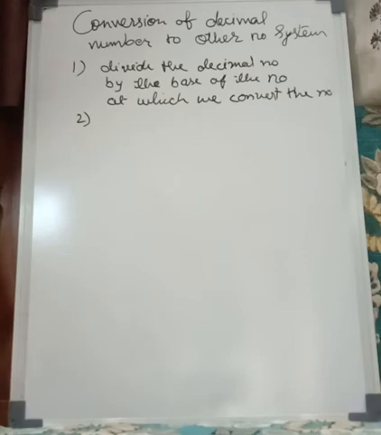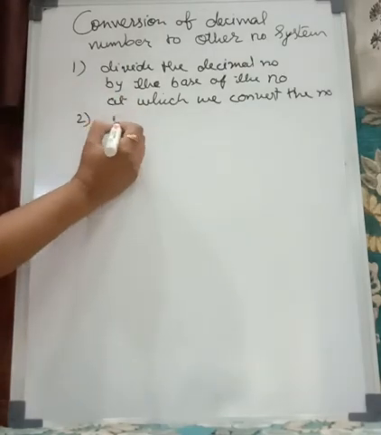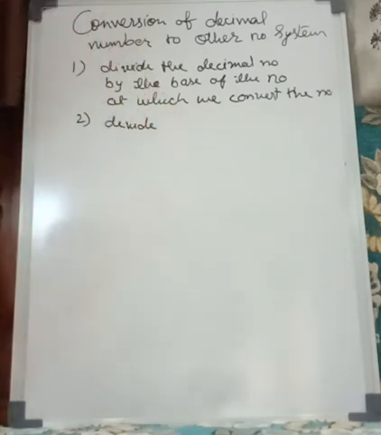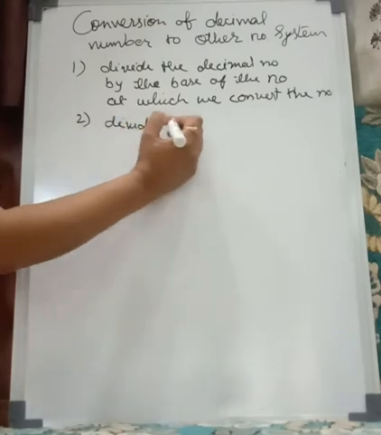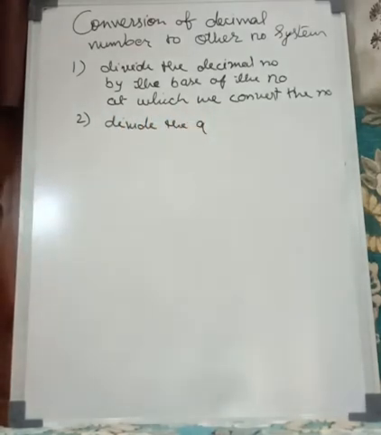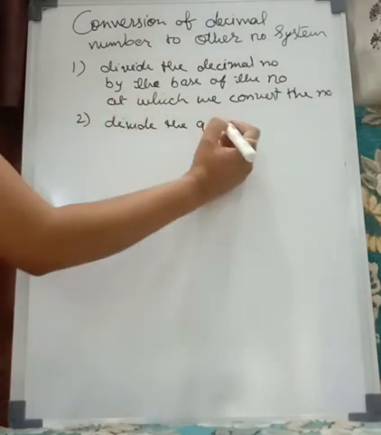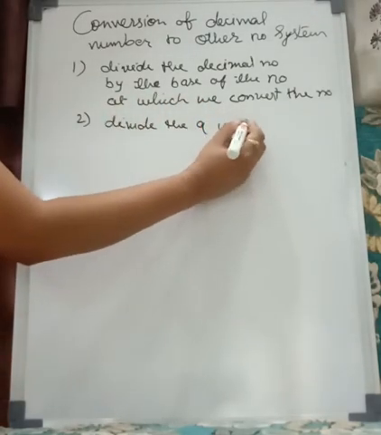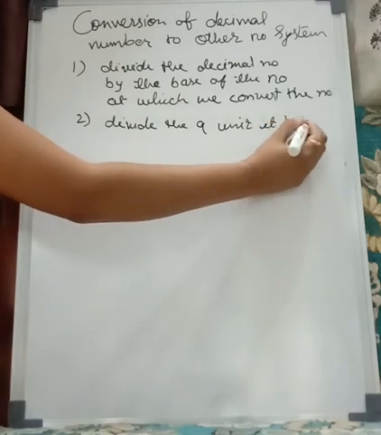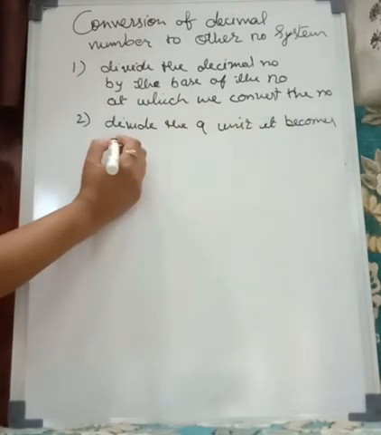So we need to divide the quotient until it becomes 0.